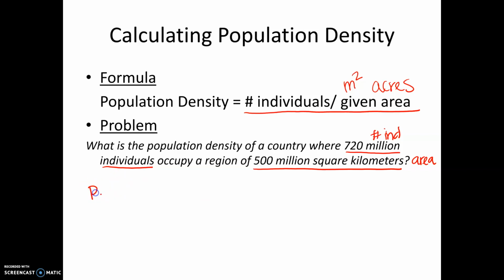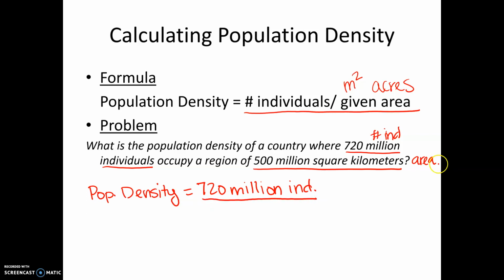So we're going to come over here and say population density equals 720 million individuals. Okay, those could be bears, those could be rats, those could be bacteria, whatever they are, divided by your area. So they live in 500 million kilometers squared.